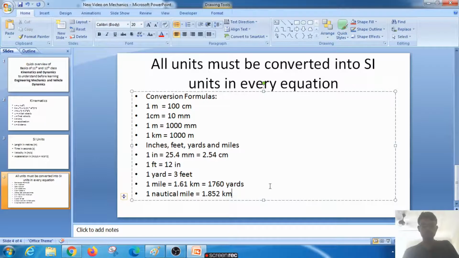Mile is according to this conversion formula, and nautical mile is actually defined by a certain degree that the earth rotates, right?